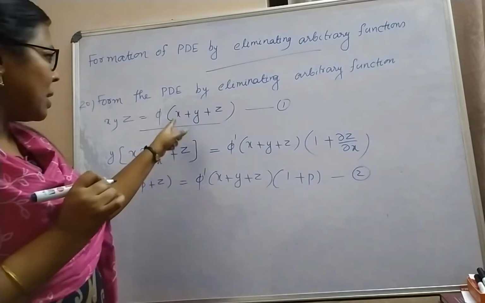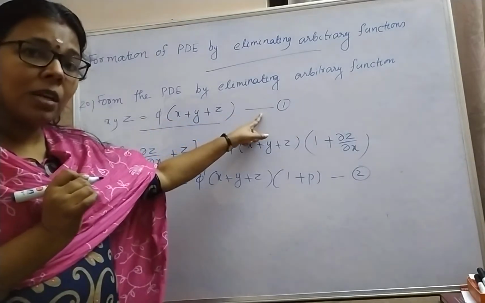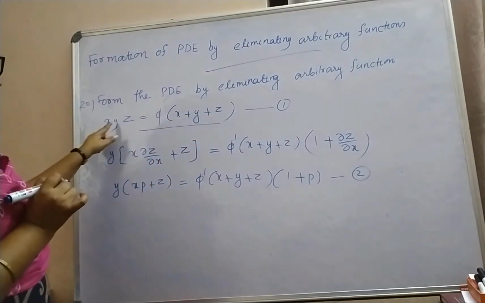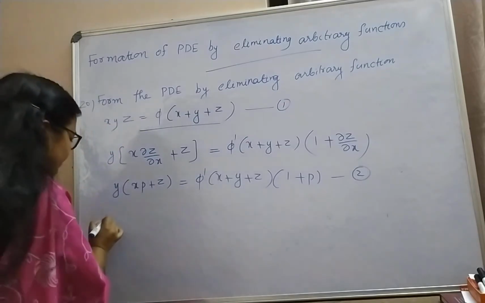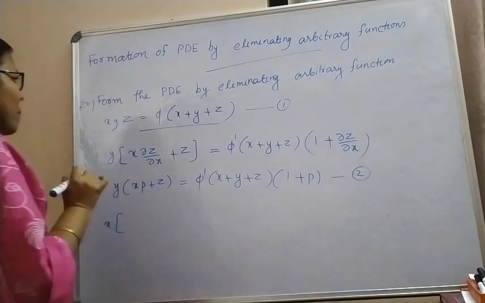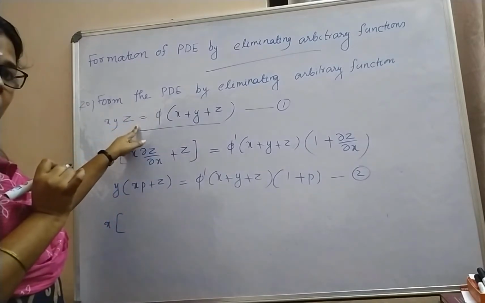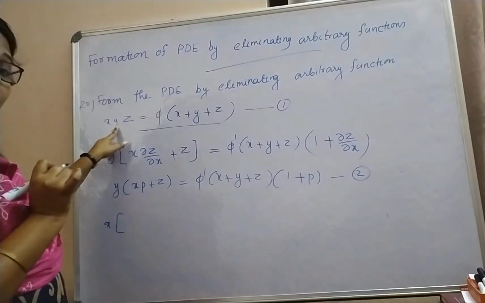Then find the partial derivative of equation number 1 with respect to y. In the case of partial differentiation with respect to y, x is taken as constant. x into the partial derivative of yz with respect to y, we have to use the product rule.